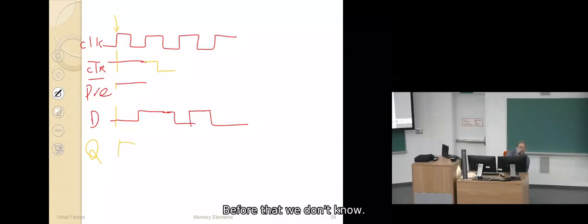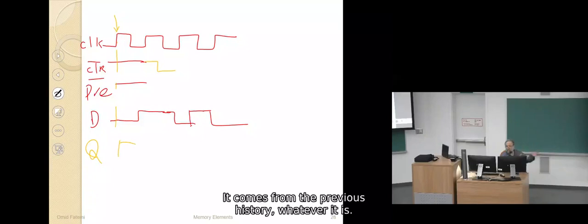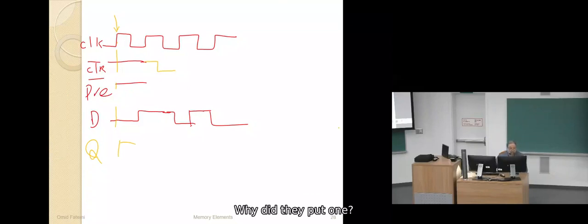Before that, we don't know. Q is either 0 or 1. It is the initial state. It comes from the previous history, whatever it is. But here we are sure that when we have a rising edge of clock and the data is 0, the Q becomes 0. Why did I put 1?